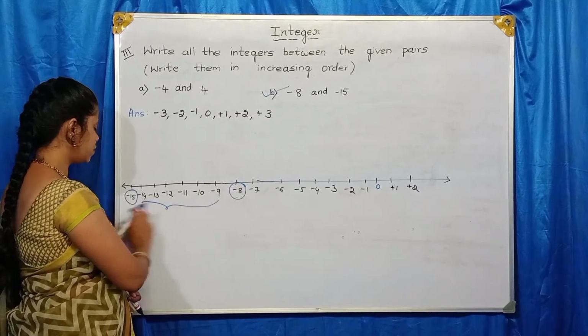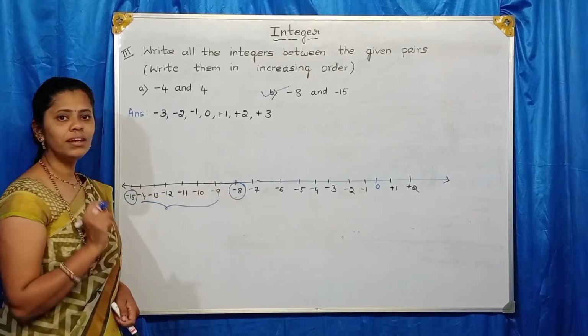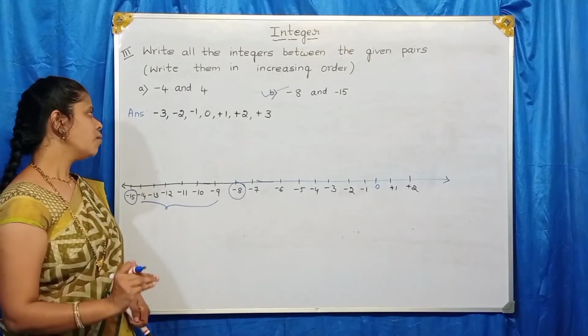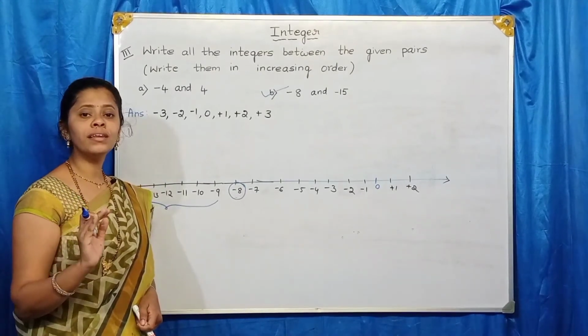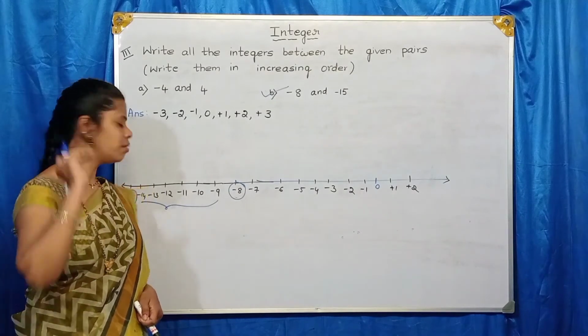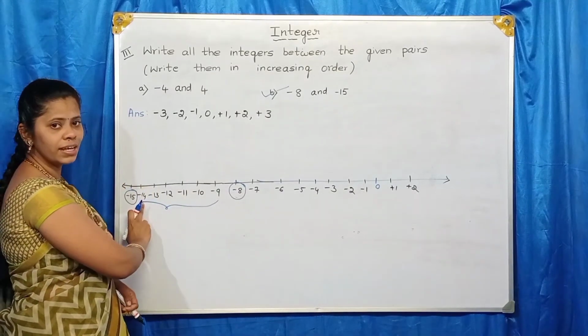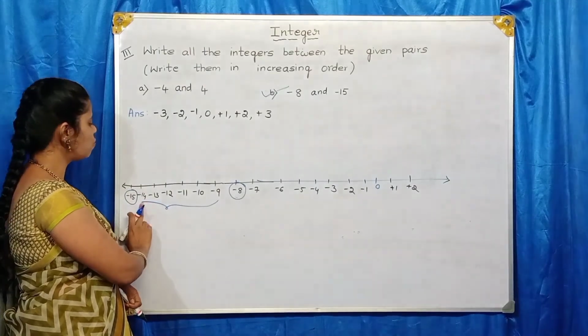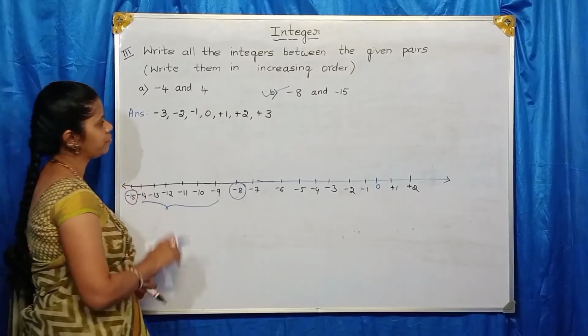These are the numbers which come in between these two numbers. Now, we have to write them in increasing order. That is from smaller number to the greater number. -14 is the smaller number. So, we will start from here.